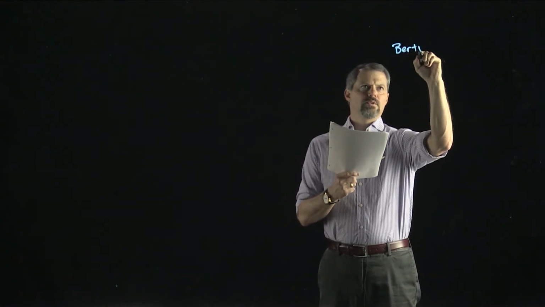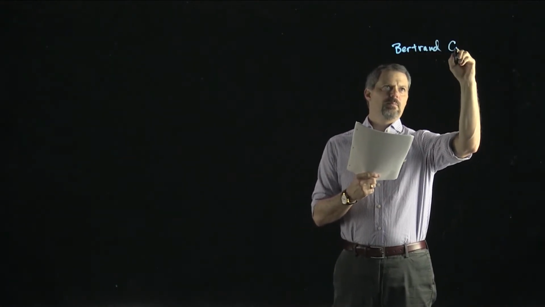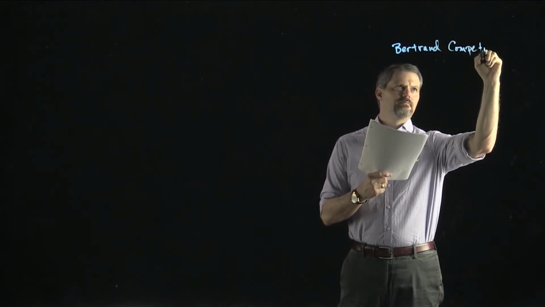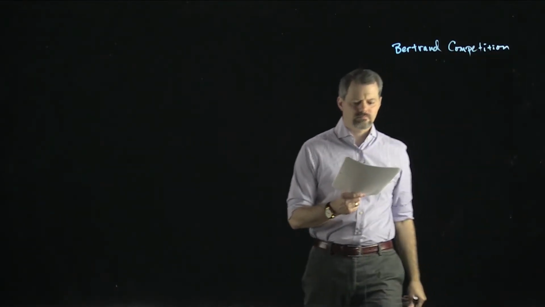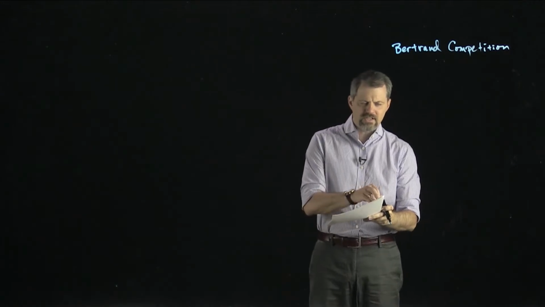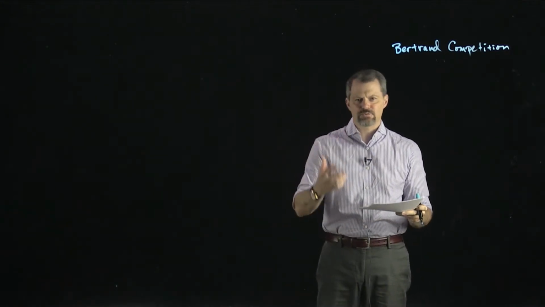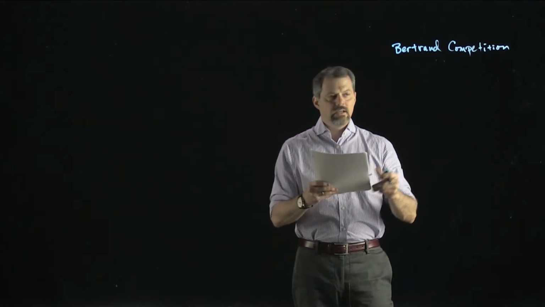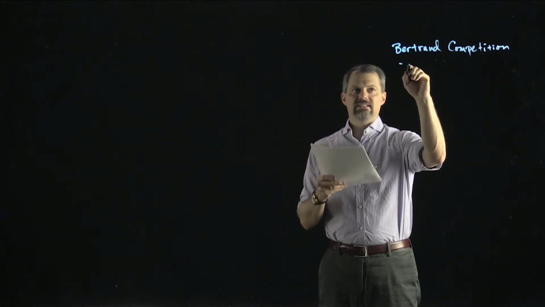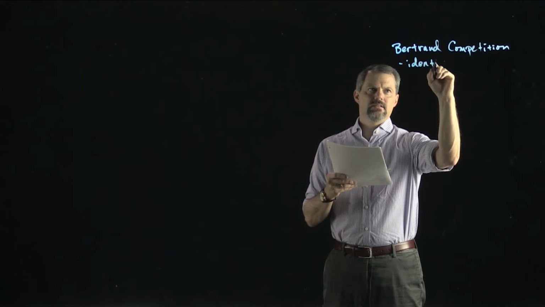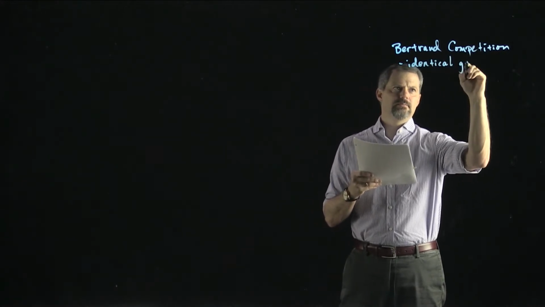Let's think about another type of oligopoly model, and that's what we're going to call Bertrand competition. Let's think about the characteristics of this. The first one of all of these is that there are few firms. Here, the firms will sell identical goods.